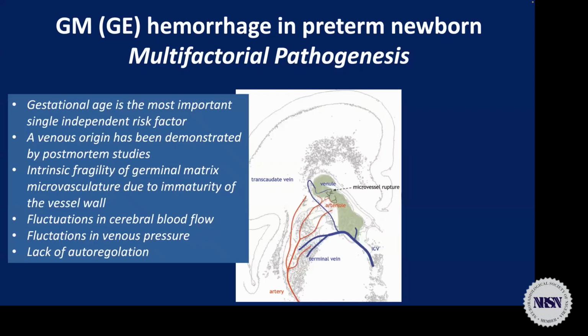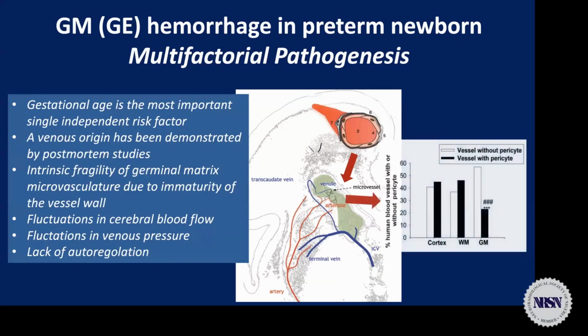The pathogenesis of germinal matrix hemorrhage is multifactorial. As we said, gestational age is the most important single independent risk factor, but also the particular vessels that are present in the germinal matrix are another important reason that leads to hemorrhage, because in these vessels there are no pericytes, and this means that these vessels are very fragile.